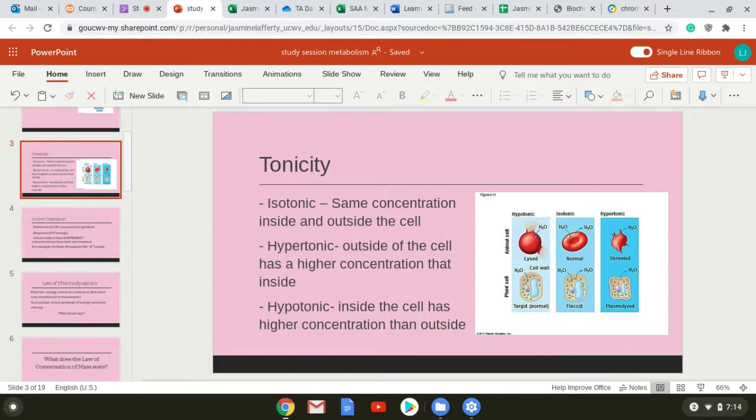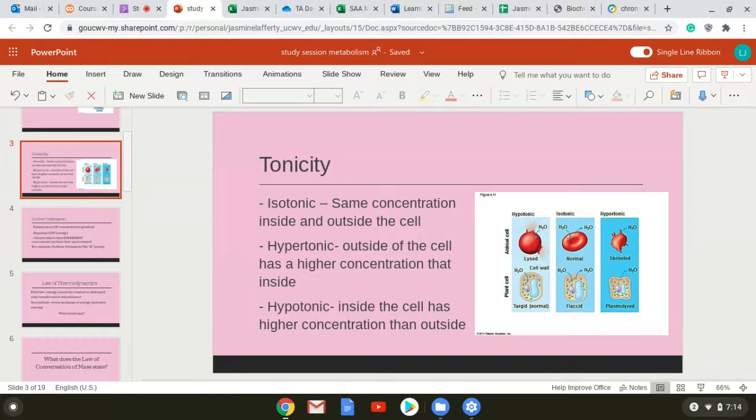Okay? All right, so hypotonic, that is when inside of the cell has a higher concentration than outside of the cell. So, let me see. This would be like if you try to take a saltwater fish that has been adapted to saltwater and put it in fresh water.